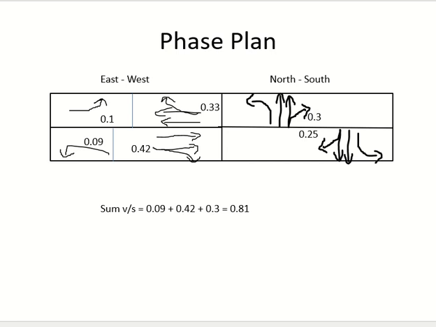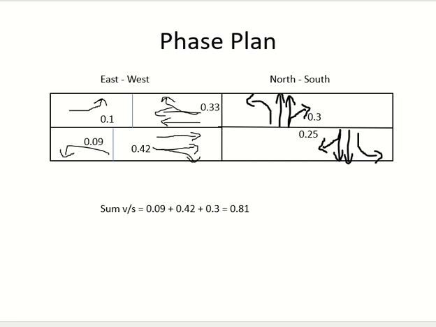After doing this, from here I'll take which V by S ratio? 0.3. From here, which one? 0.51. Well, as I mentioned, 0.09 plus 0.42. This is how much? 0.43. And this is 0.51.